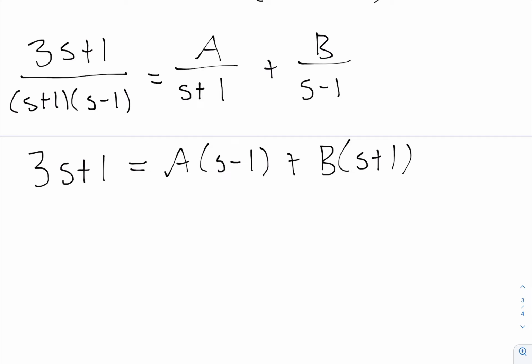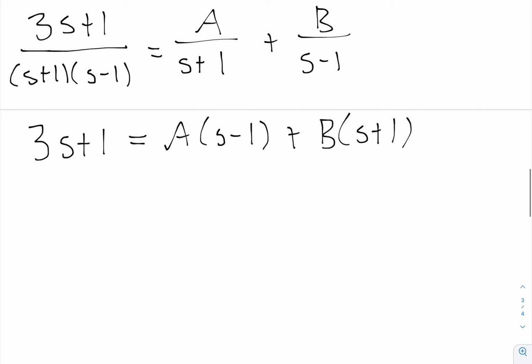Okay. So now we don't have any more fractions, we just have an equation here with 3 variables. And when we have 3 variables, we want to figure out some way to get rid of 2 of them. So one way we can do that is say that s is equal to 1.